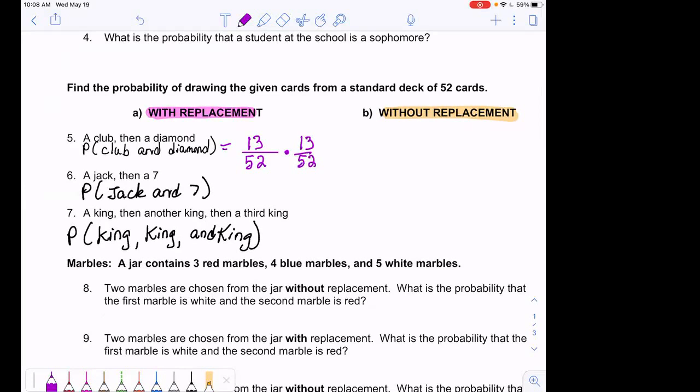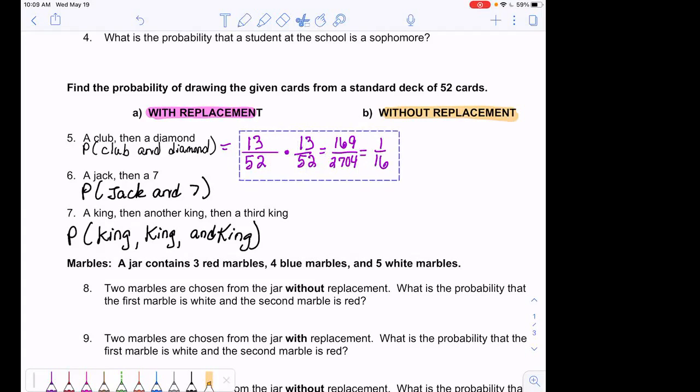So you take the club out, you put it back in, and then you get a diamond. You take it out, and you still have 13 out of 52 cards. So 13 times 13 is 169. Haley, do you know what 52 times 52 is? I'm pretty sure this does reduce. Yeah, 1/16? Yeah.